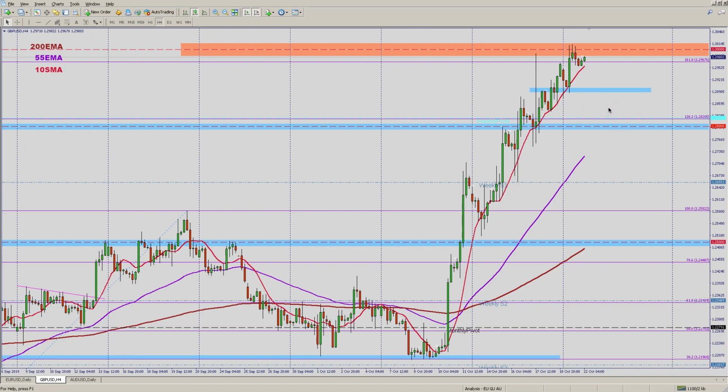If it goes deeper, then it will try to target the 138 fib extension, just right at the weekly pivot around the 128.20 area. So we'll see how the price action is over the next couple of days until Thursday, which will be pretty late by the time they go through Parliament and start voting.